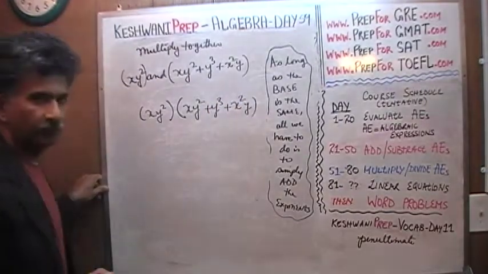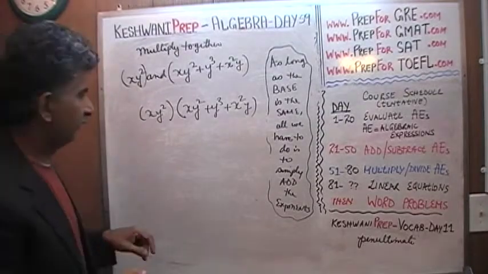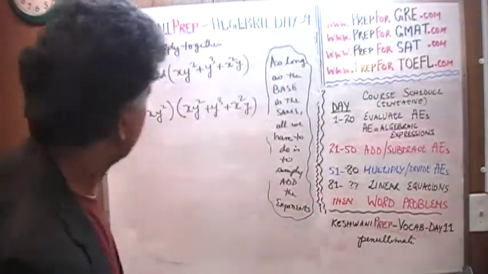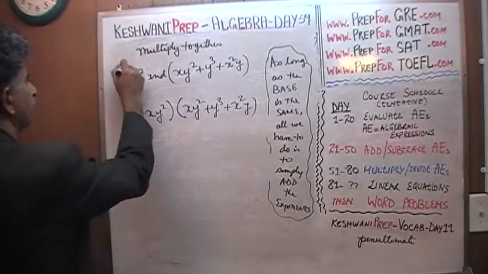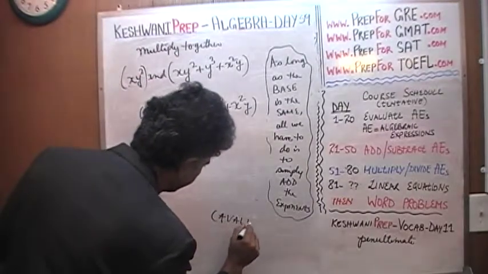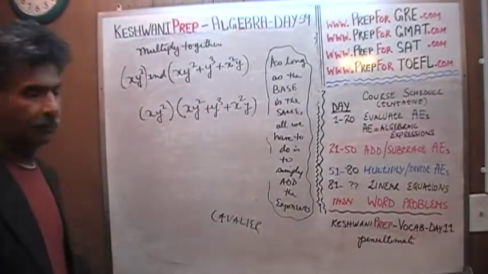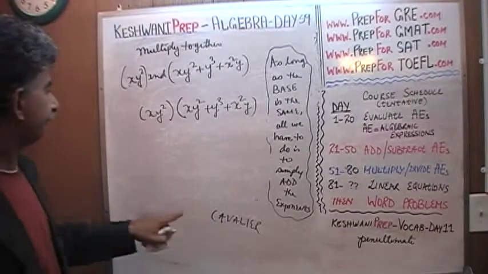Now let me pause for a second. Just now I put these parentheses around this guy so cavalierly. That's the adverb, cavalier.